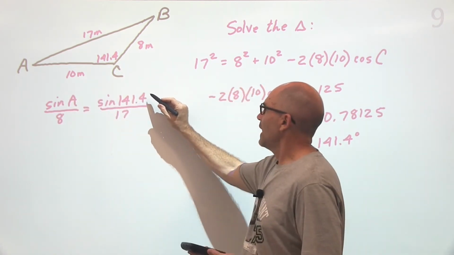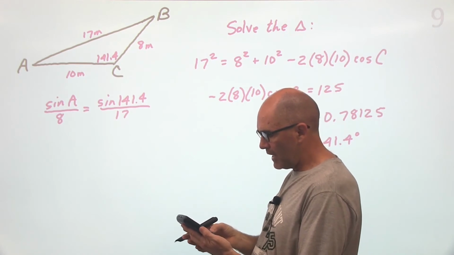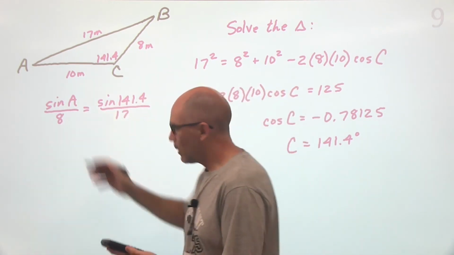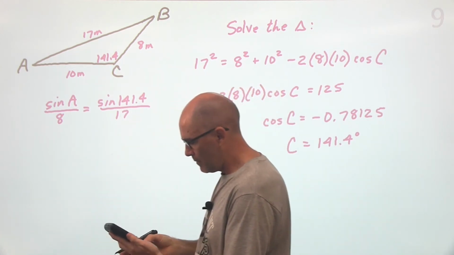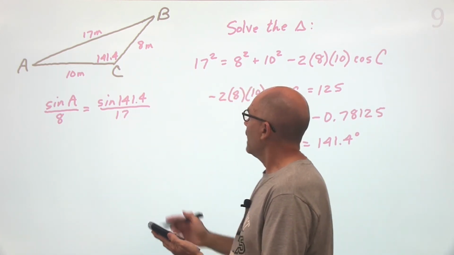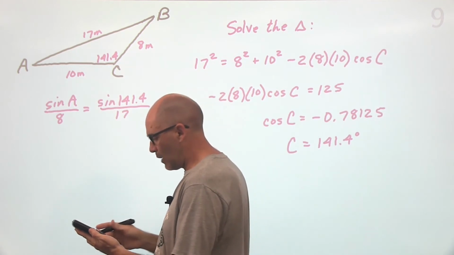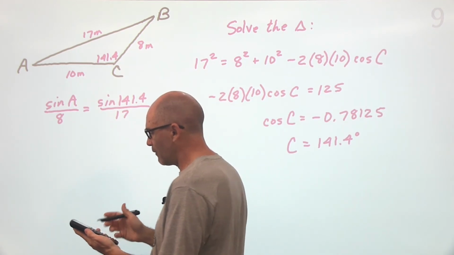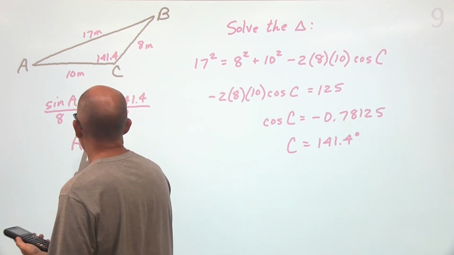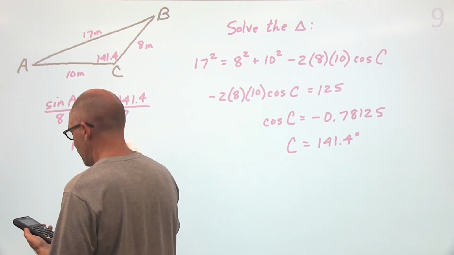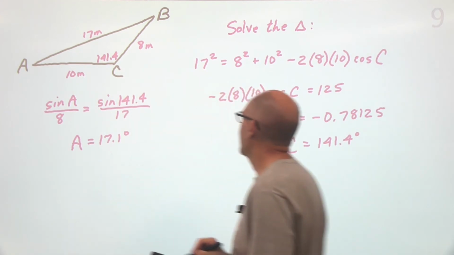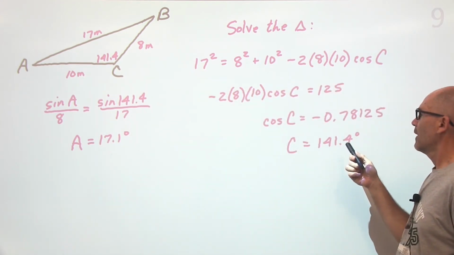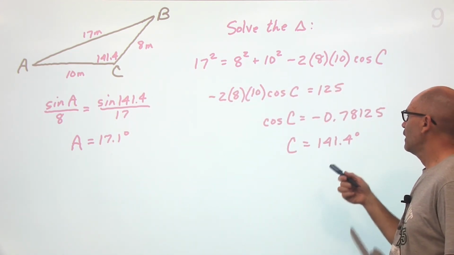Since I have it in my calculator already, I'm just going to hit the sine button, multiply by 8, divide by 17. Now sine A is what I have in my calculator, so inverse sine of that is angle A. 17.08 degrees or 17.1 degrees. Now, that makes sense looking at the drawing.